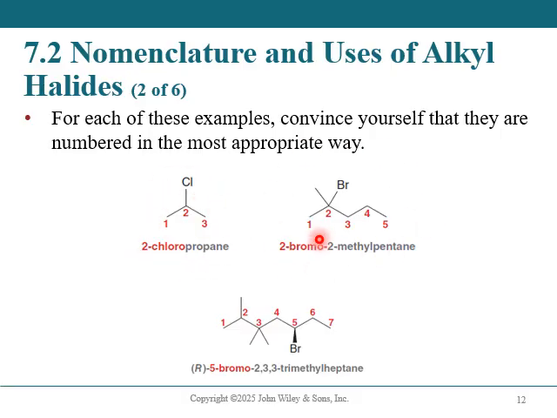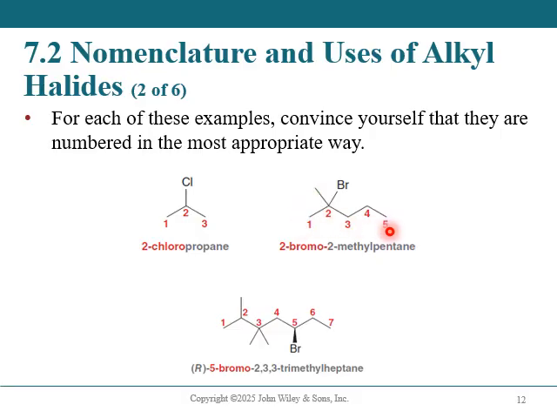Let's go to this one. Here we have 1, 2, 3, 4, 5, or 1, 2, 3, 4, 5. Doesn't really matter. You're going to end up in the same place. You could also number from right to left. 1, 2, 3, 4, 5. If you go from right to left, as opposed to what we already have here, your bromine as well as the methyl group you will have as a substituent will be in position number 4.